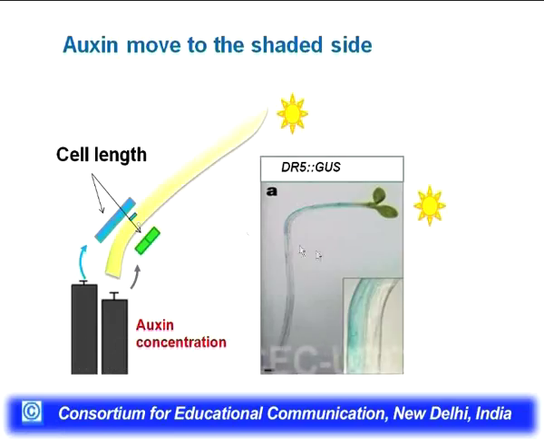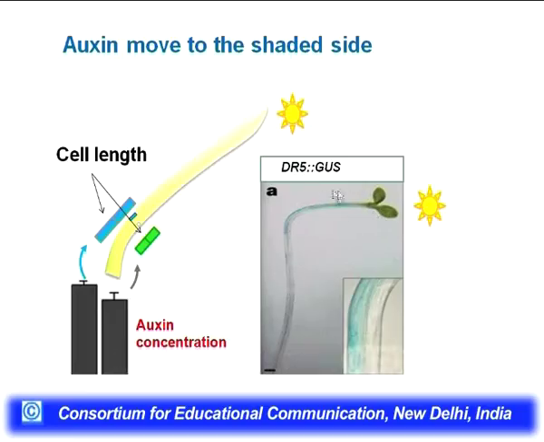Now, similarly you can look at this slide here. The earlier one was by auxin concentration, and here it is by DR5 GUS. I told you just a few minutes back that DR5 is a synthetic promoter that responds to auxin, and GUS gives the blue color. So, wherever auxin is more, there will be more blue color.